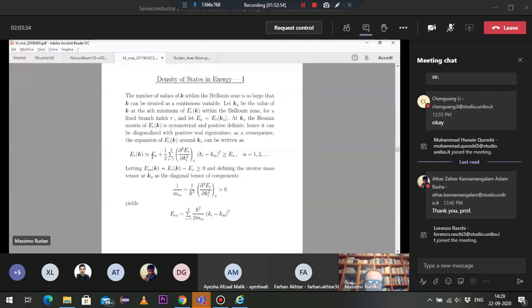Of course, since E sub A is a minimum, this energy is larger than E sub A because we move a little from the minimum. So the second order part is strictly positive when we move from the minimum. Because of this, we can take the difference between E of K and the minimum, and we call it E sub EA.